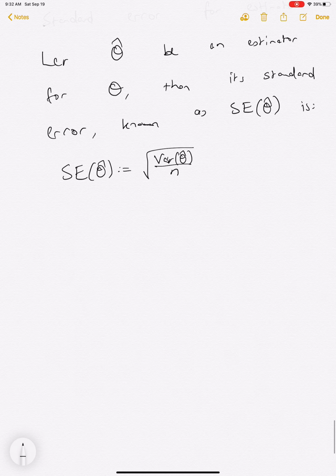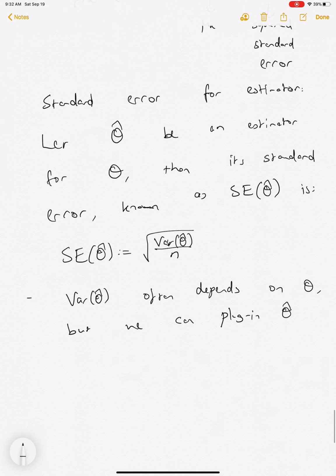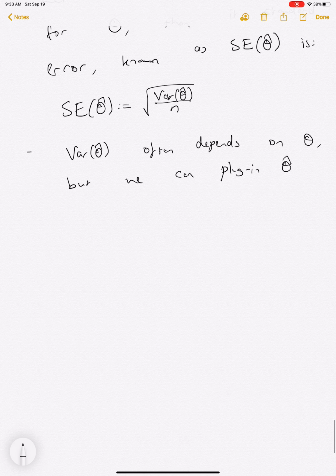Okay, and then another thing to note is, this is something we'll see with a couple of examples shortly, but the variance of theta hat will almost always depend on theta as well, but you can also plug in theta hat for that if and when that's needed.